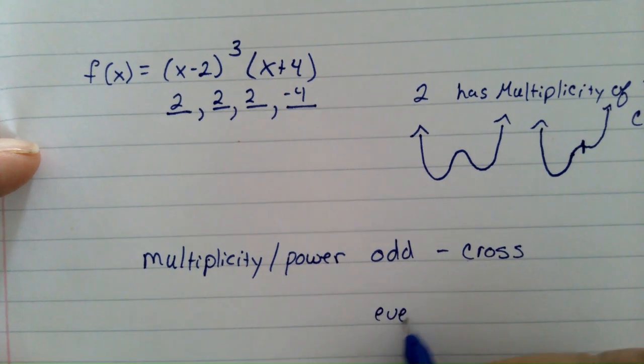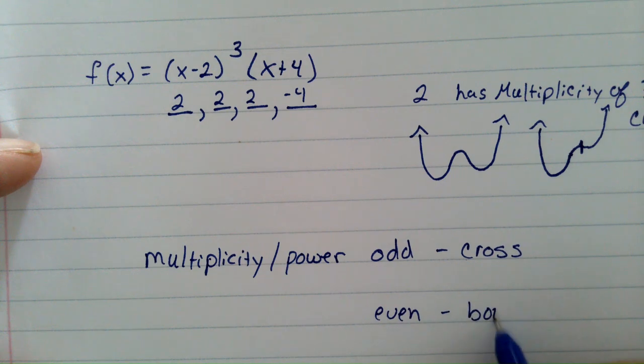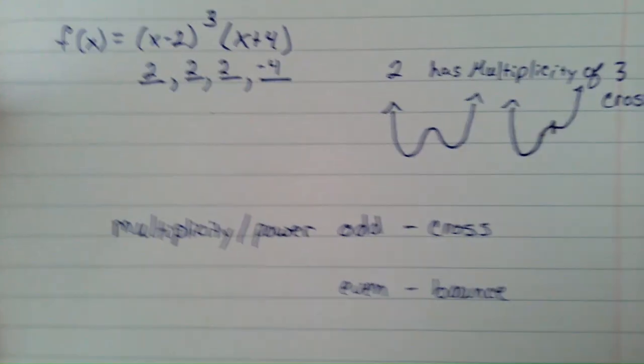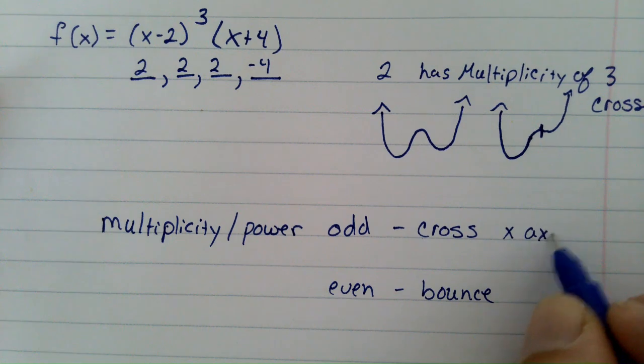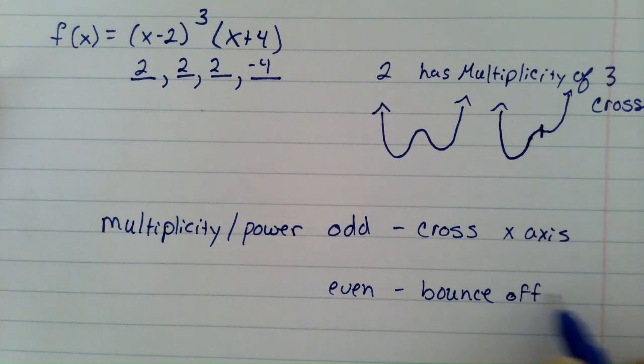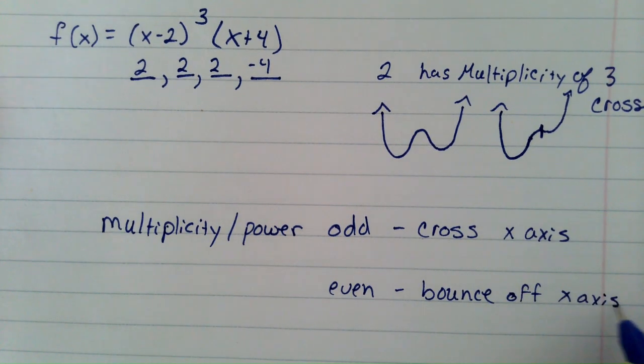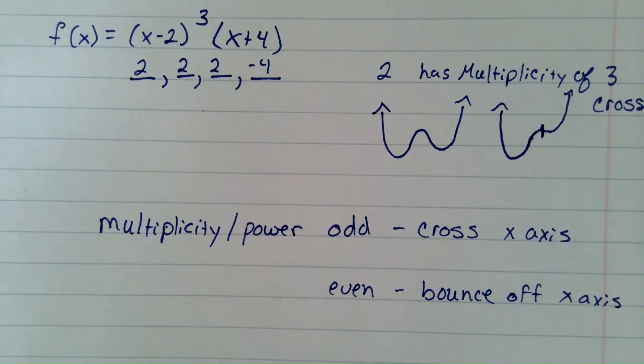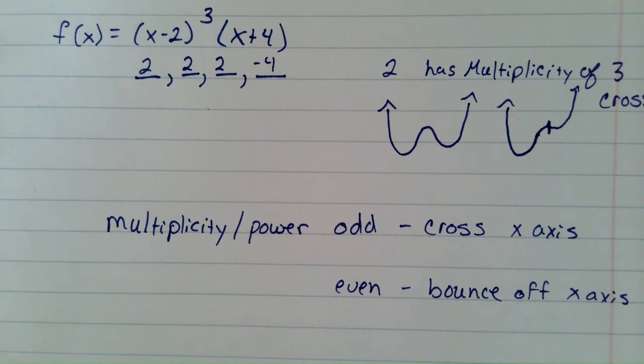And if it's even, it will bounce. And it can bounce from below, it can bounce from above. So it is okay to have multiple values of the same root, but our goal is to find all the answers to a problem.